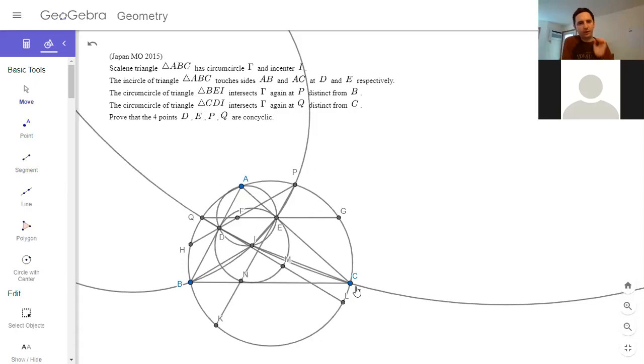Yeah, PAC. I think how we would do angle PAC: maybe that's 180 minus APC minus PCA. Okay.